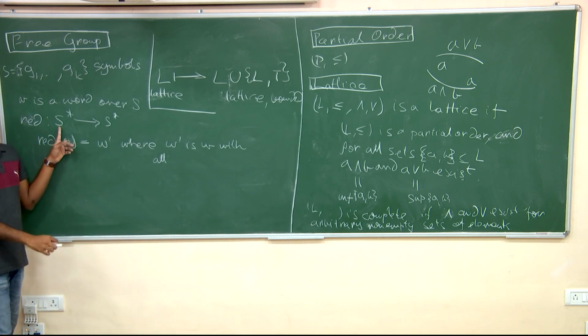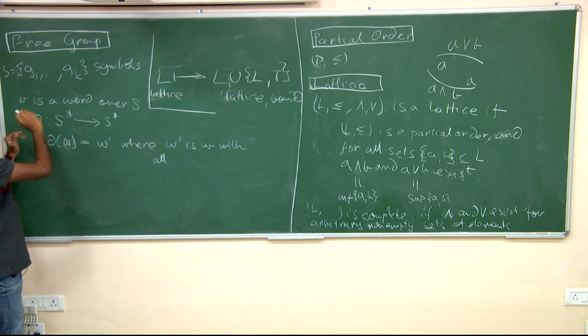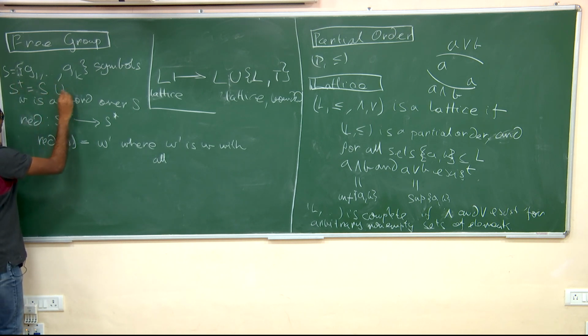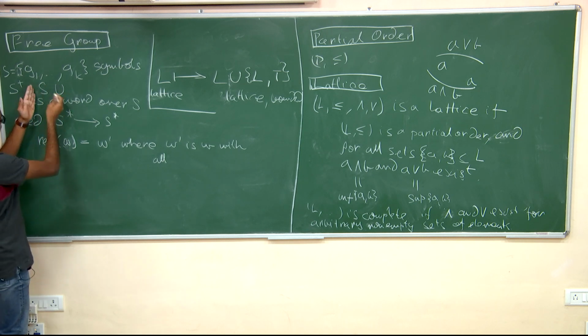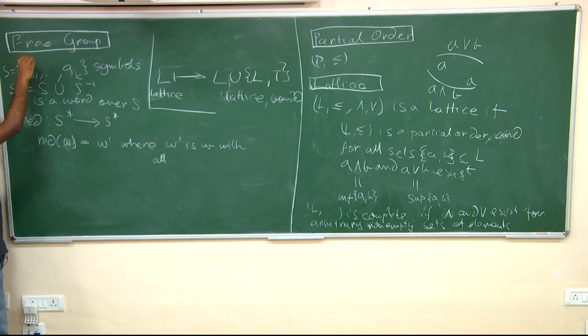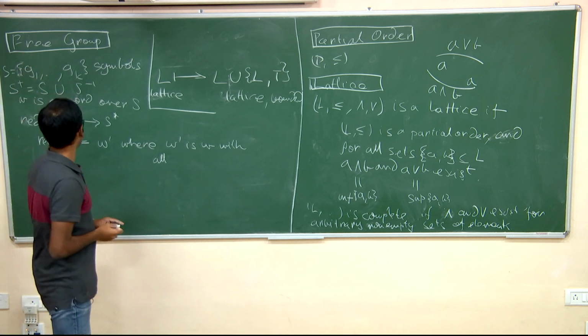there's a slight mistake here. We have this set of symbols. We define a separate set of symbols, which is S plus, and that is S union S inverse. S inverse just means G1 inverse, G2 inverse, and so on.